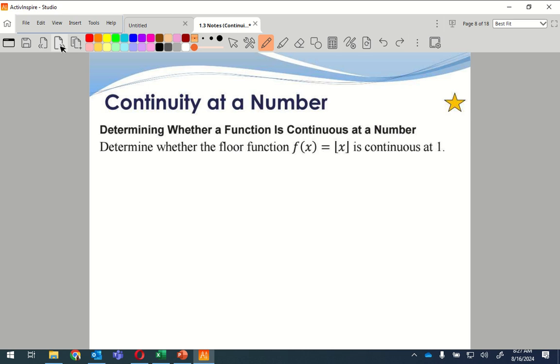Determining whether a function is continuous at a number. Now, this is a floor function. What does it look like? This symbol right here, which is important, is a floor function.